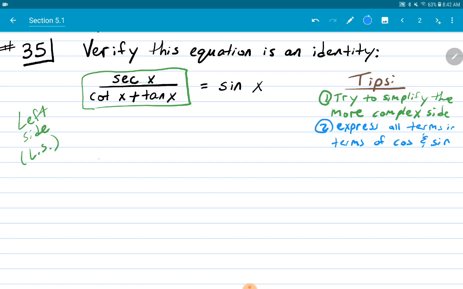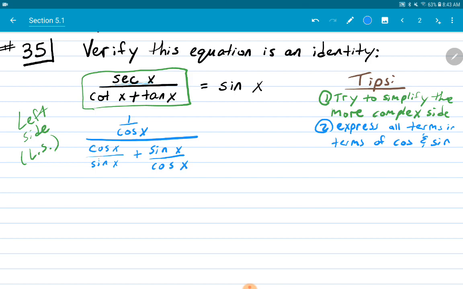So the first, secant, is 1 over cosine because they are inverses of each other. And cotangent is cosine over sine. And tangent is sine over cosine.